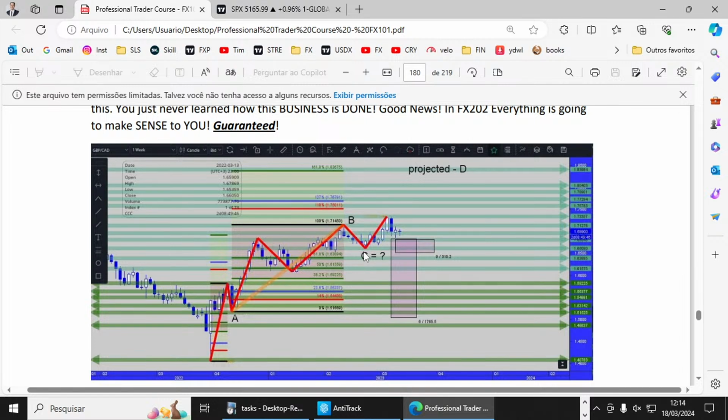Student traders on YouTube, if I put the stop loss below the C, am I trading the Fibonacci sequence or am I trading a different pattern? What's the answer?